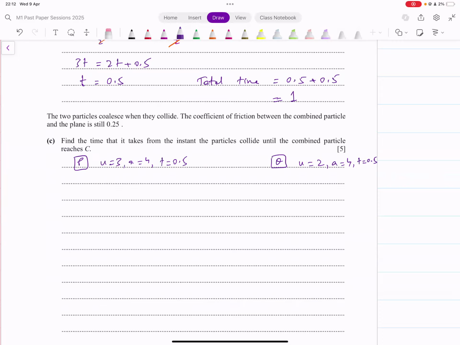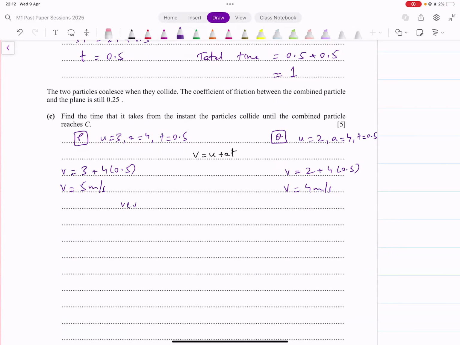V equals U plus AT. For P, 3 plus 4 times 0.5 turns out to be 5. For Q, V equals 2 plus 4 into 0.5, which turns out to be 4. These are the velocities of P and Q just before collision.